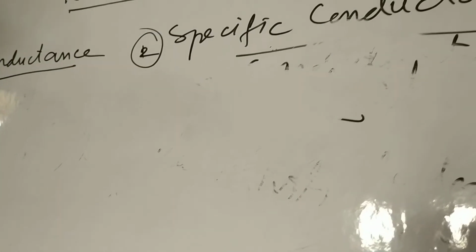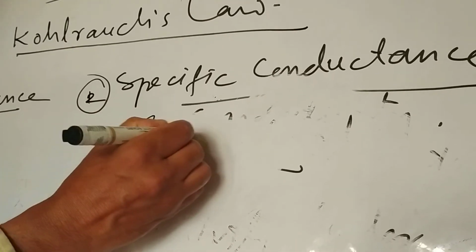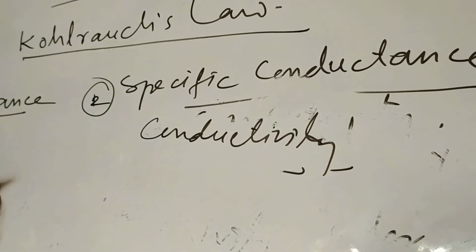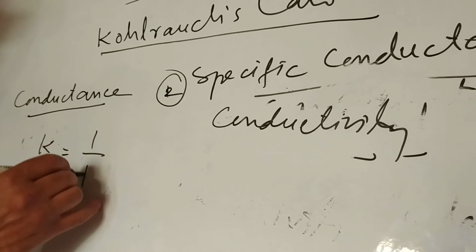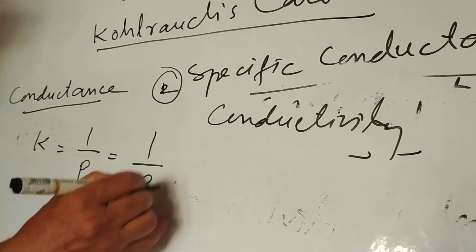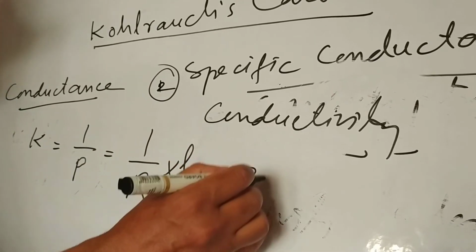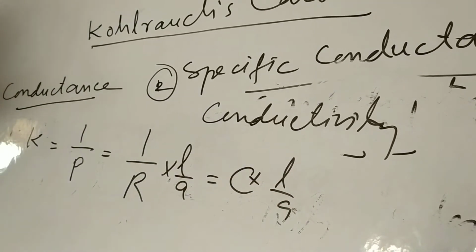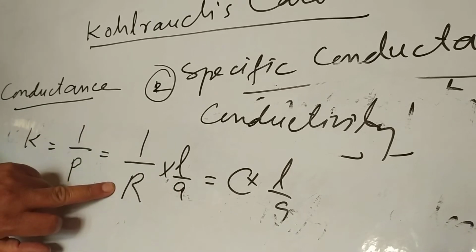Now let us come to the term specific conductance or conductivity. We know that specific conductance is the inverse of specific resistance rho, so it is equal to 1 over R into L over A, or it is equal to C into L over A. What is C? C is the conductance, which is equal to 1 over R, the inverse of resistance.